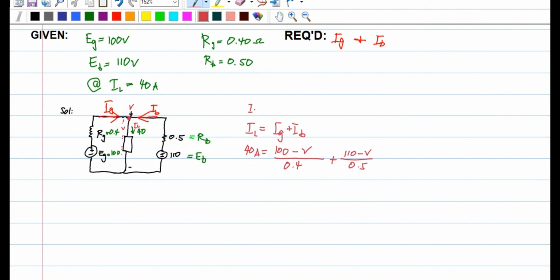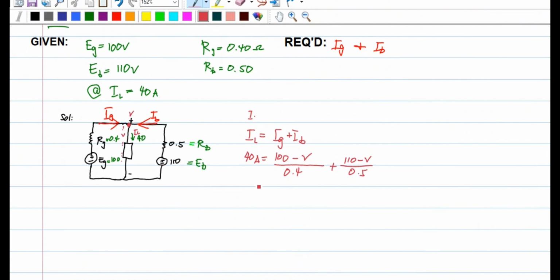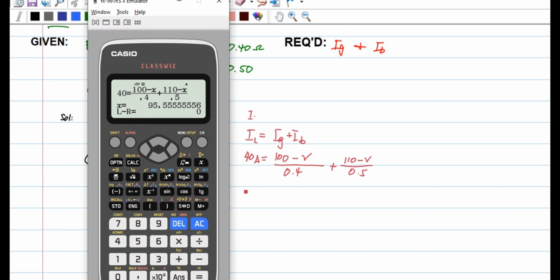So let's use this equation. We have V of 95.55.